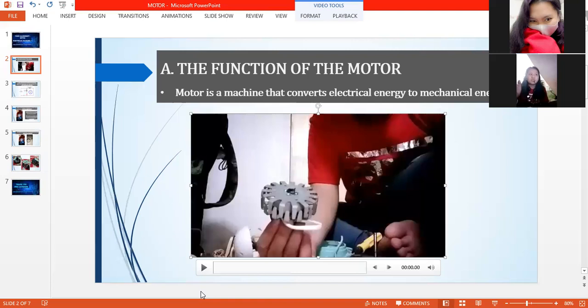Because of that, our ceiling fan produces cool air inside the room. The ceiling fan only moves the air in a specific area in order to make your body feel the cool coming from the ceiling fan. So that is for letter A.